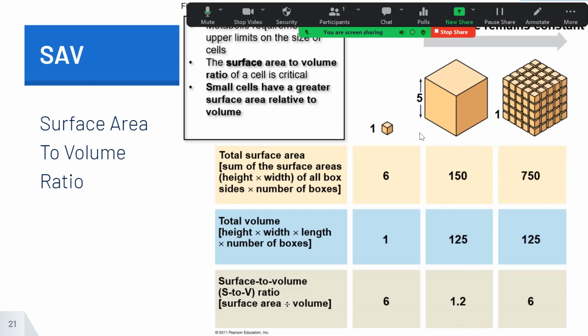So the larger the cell, the longer it is going to take for things to diffuse across that surface all the way into that volume. If you took that same big cube and chopped it up into smaller pieces, each of those smaller pieces is going to be more efficient at getting the nutrients in.